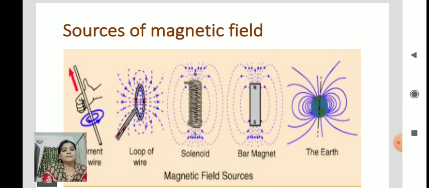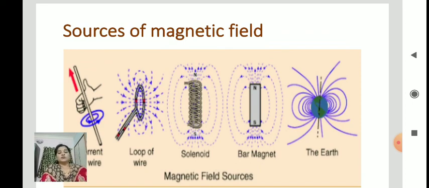These are some pictures of sources of magnetic field. The first one is a current carrying wire. The field around a current carrying wire is a magnetic field. Magnetism is a phenomenon produced due to the flow of electrically charged particles.